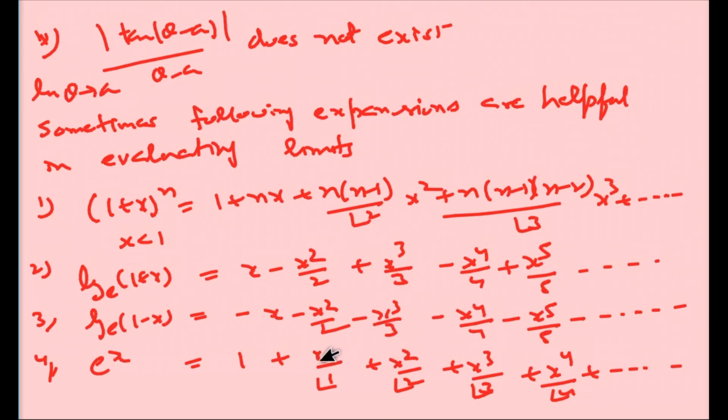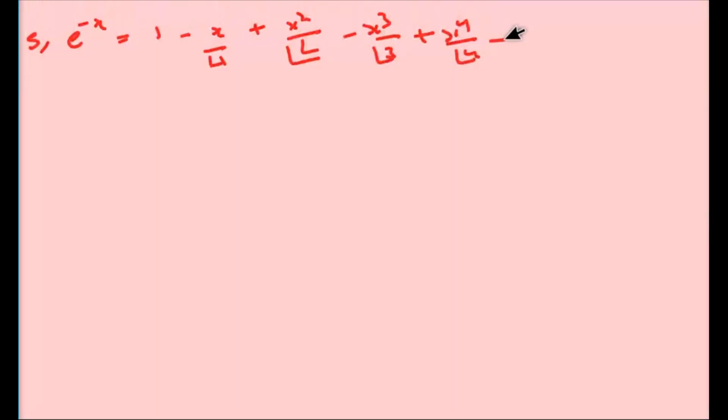And if you put x as minus x, e to the power minus x, you can find the series: 1 minus x upon factorial 1 plus x square upon factorial 2 minus x cube upon factorial 3. For odd powers it will be negative, plus x to the power 4 upon factorial 4 minus x to the power 5 upon factorial 5 plus and so on up to infinity.